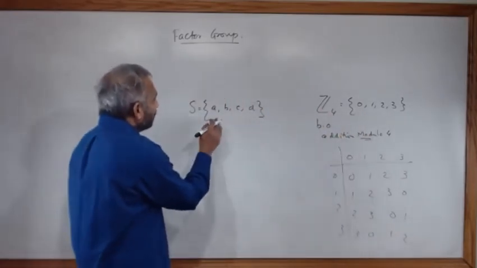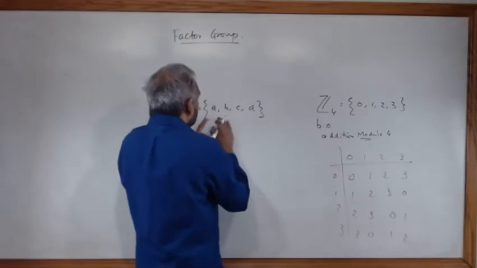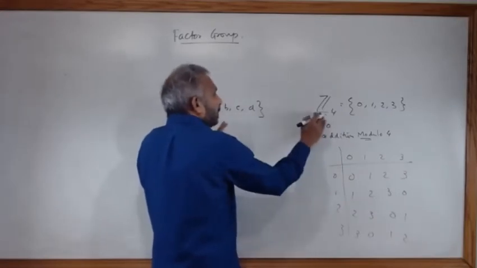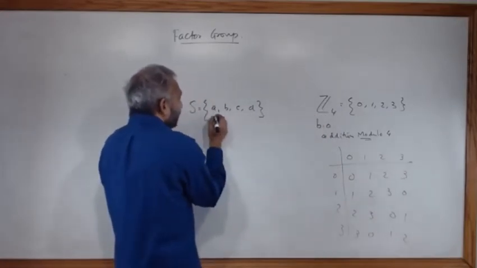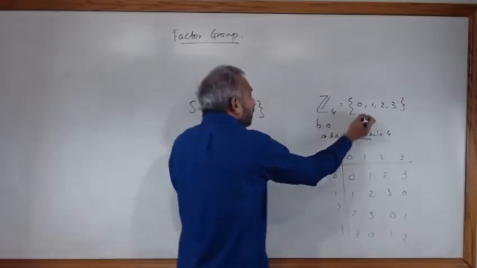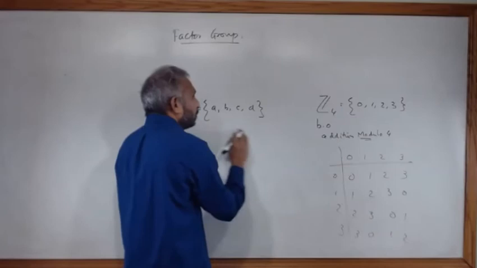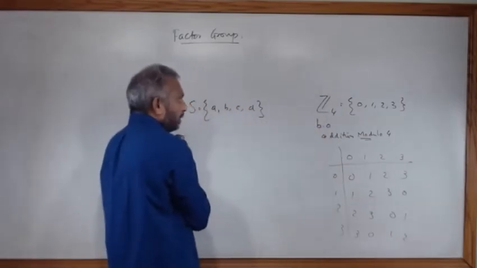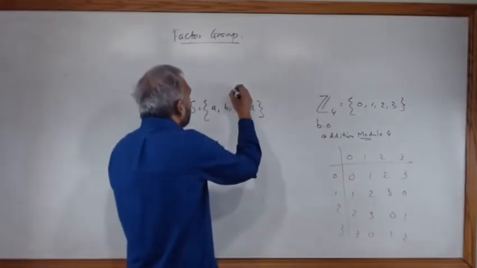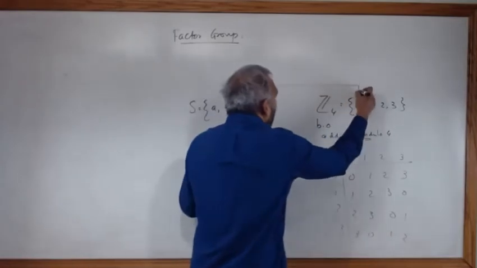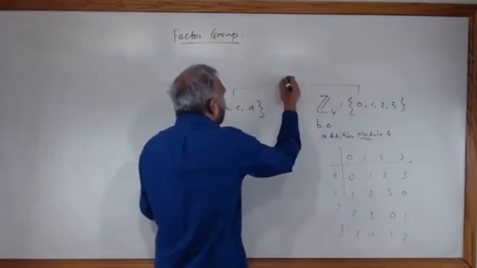One good thing about these two sets is that the number of elements is the same. The cardinality of S is equal to the cardinality of Z4. So we can always build a bijective map.